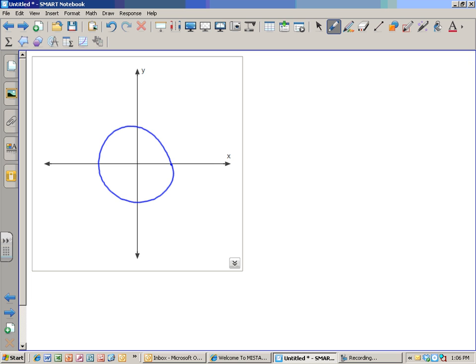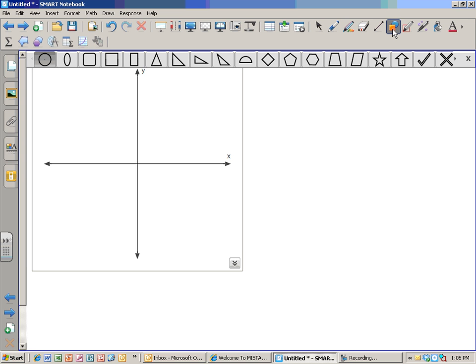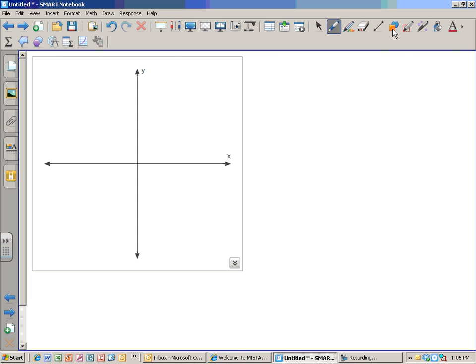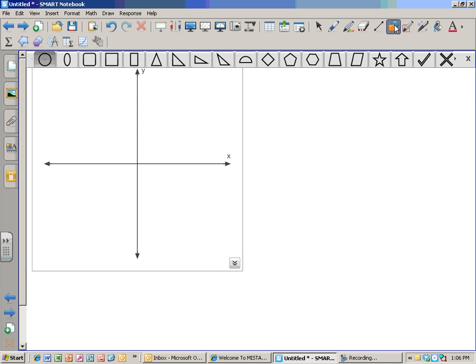It looks like an Easter egg, doesn't it? Let me try again. I know there's a way to draw a circle. Oh, that's horrible. Who can draw a circle in here? Push the button. All right, push which button? Tell me, this one, and then press the circle. What happened? And then make the size that you want. Draw the circle. Drag it.